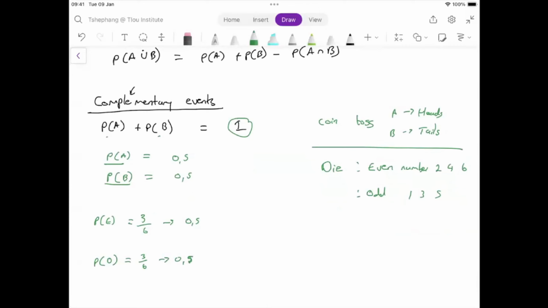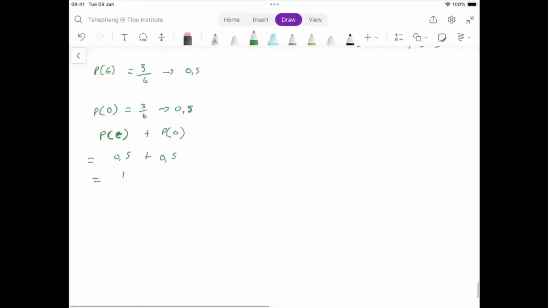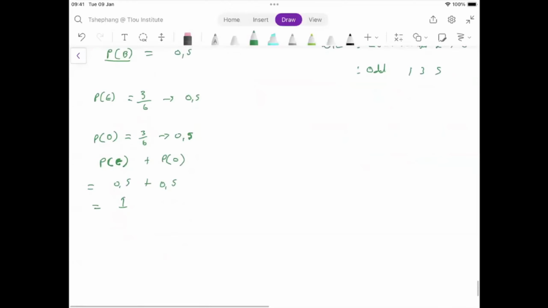Now, we're going to check the probability of an even number plus the probability of an odd number. What does this give us? The probability of even is 0.5. The probability of an odd number is also 0.5. Now, this will give us 1. Now that it gives us 1, what can we conclude about the probability of even and odd?